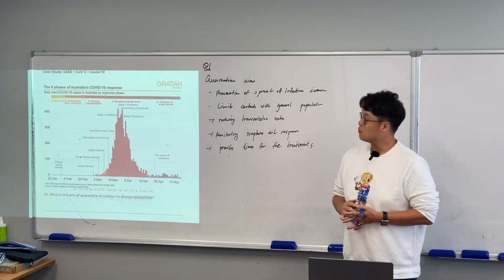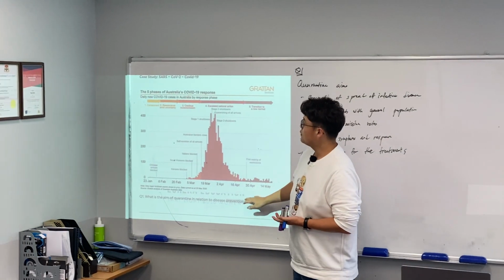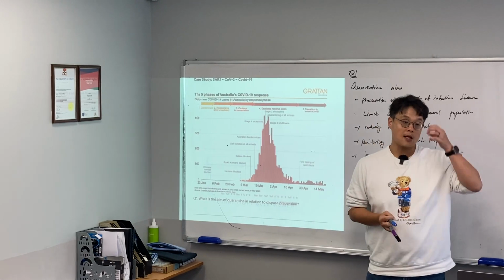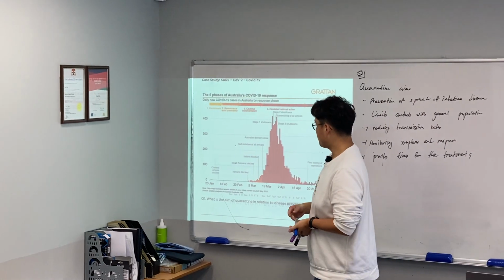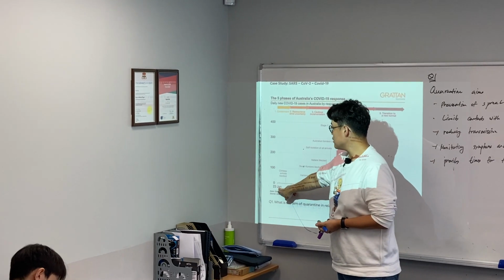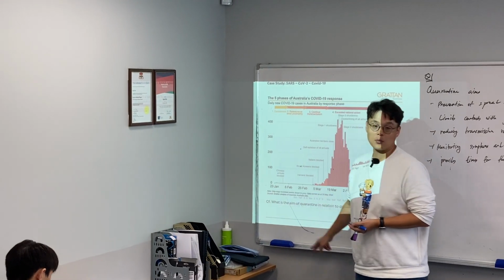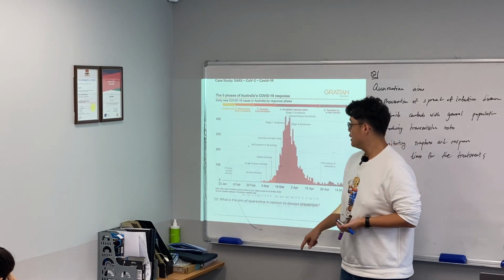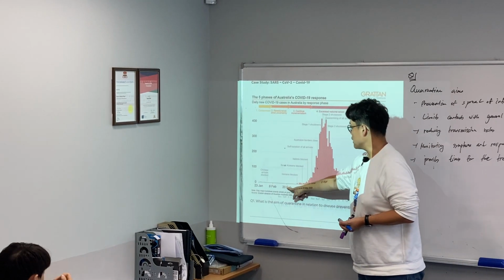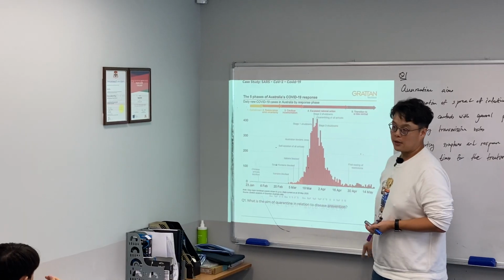Okay, so this graph shows the timeline of what happened with COVID-19. We believe that it started in January 2020, with the first outbreak measured in China. And gradually, you can see what actually happened in Australia, the quarantine levels too.